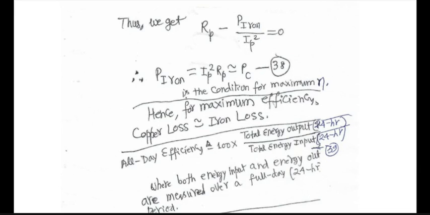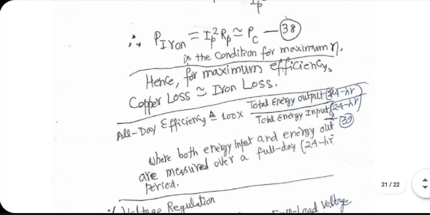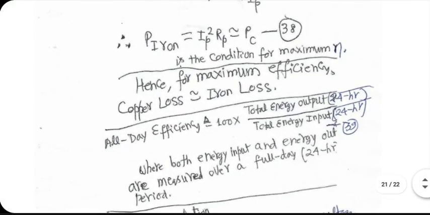Now, I was telling you last time, and I'm telling you today again, that besides the power efficiency, another efficiency which is quite important for transformers is energy efficiency, all day efficiency. Total energy output over a 24-hour period divided by total energy input over the same period, and the entire thing multiplied by 100.